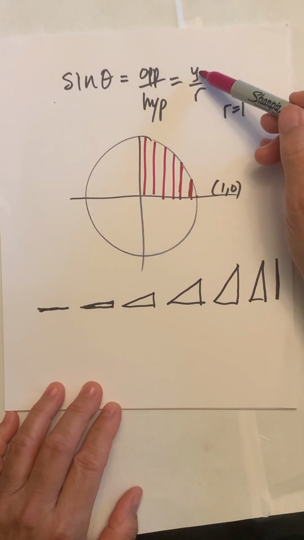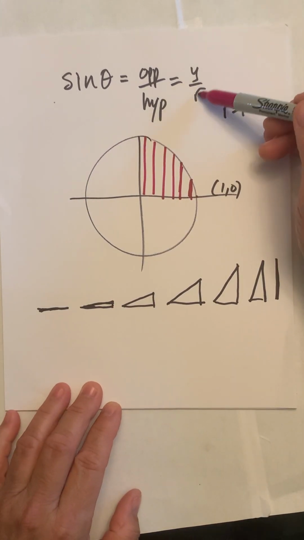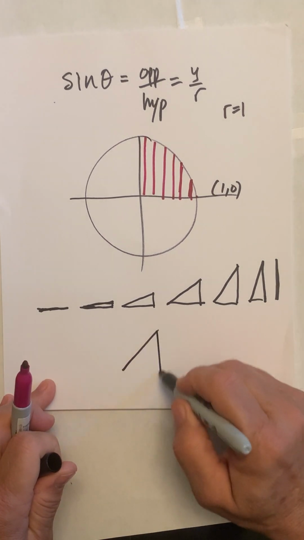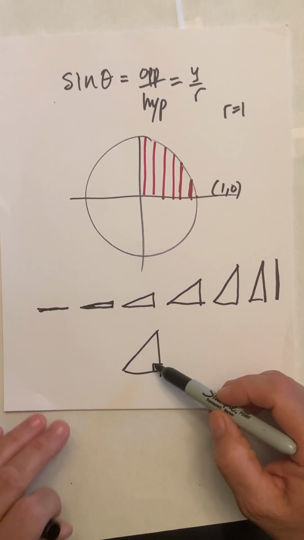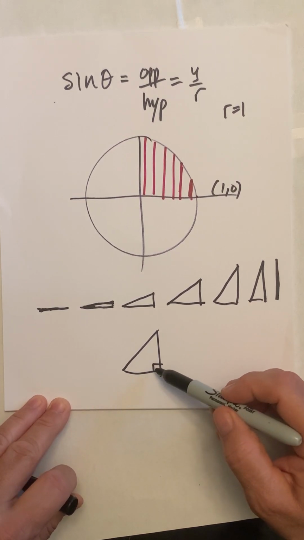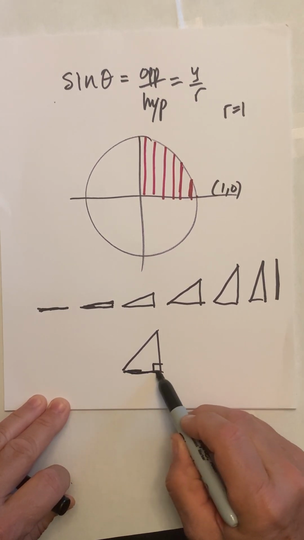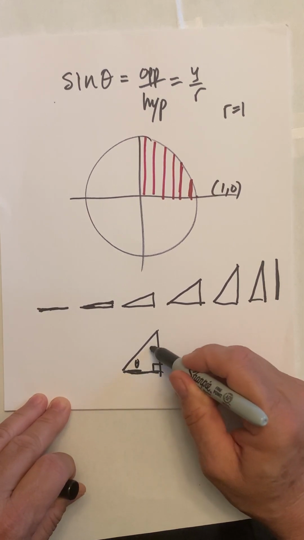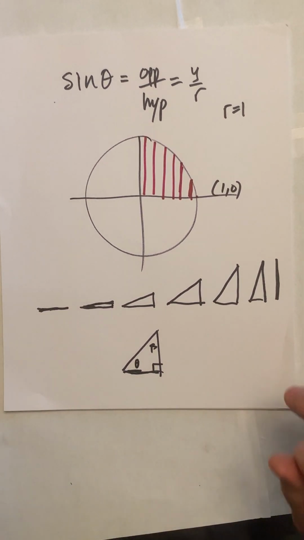So y is always going to be smaller than r, because in any right triangle, the longest side is opposite the largest angle, which is the 90-degree angle where the vertical and the horizontal line come together. The two remaining angles, theta and beta, have to add up to 90 degrees because a triangle has 180 degrees total.